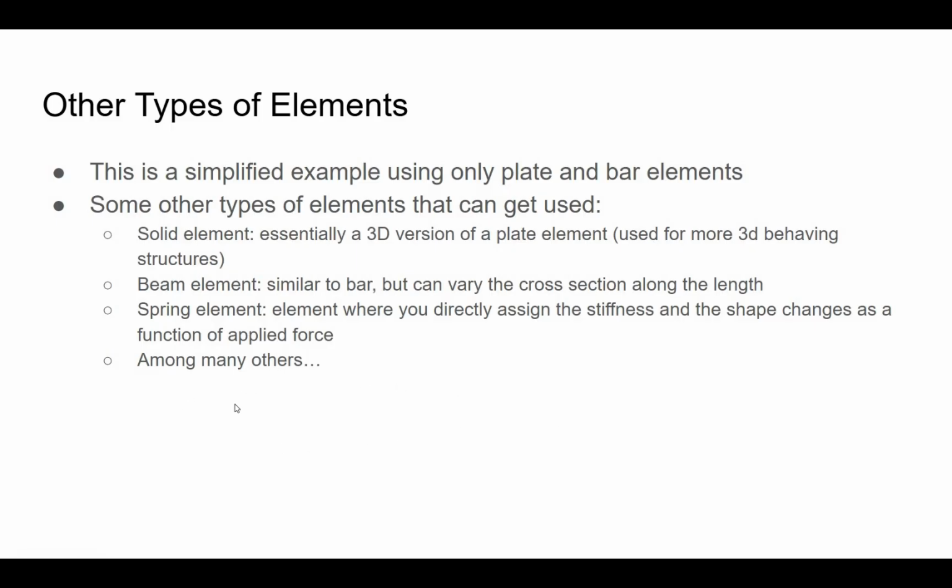There are tons of others that are out of the scope of this training, but I'm just giving you a brief overview that there are plenty of different types of elements that may be used, and it's up to the analyst to decide which elements are going to capture the behavior of the model best in this particular case.